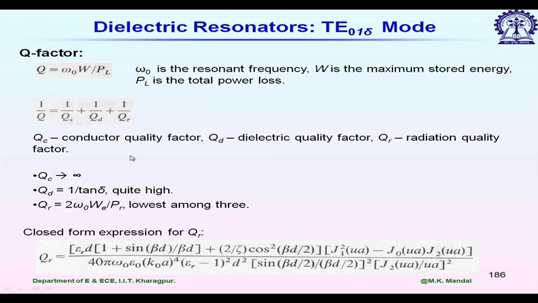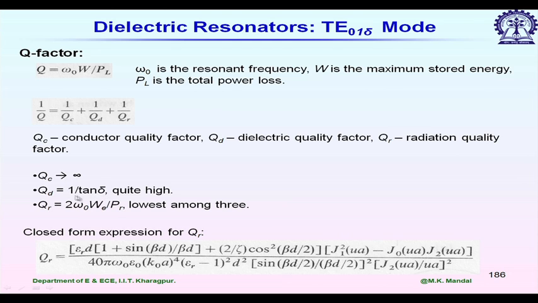Now, in the resonator we are considering here, we did not consider any conductor. So, QC is infinite, since we do not have any conductor loss. QD depends on the loss tangent of the material, and is equal to 1 by tan delta.